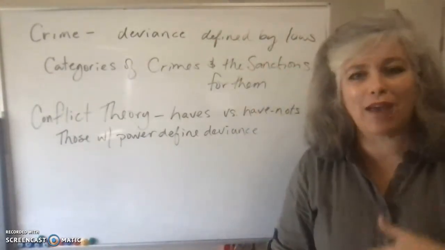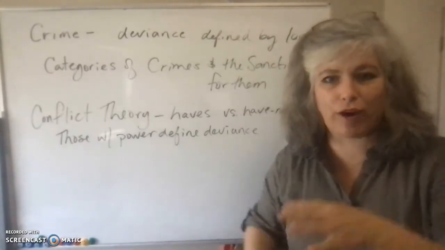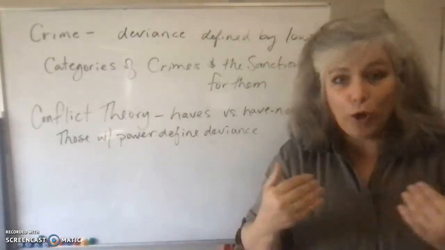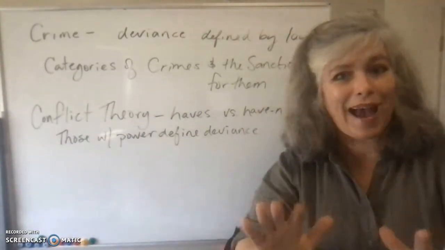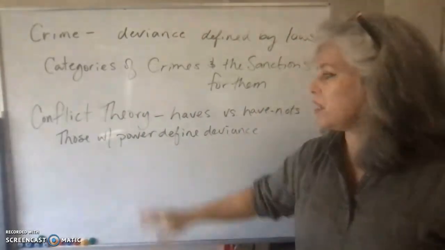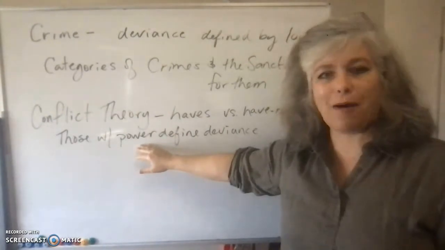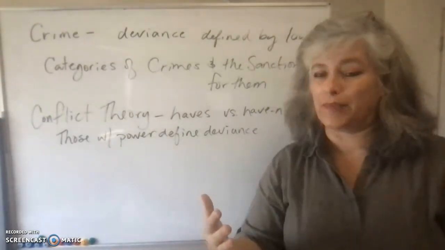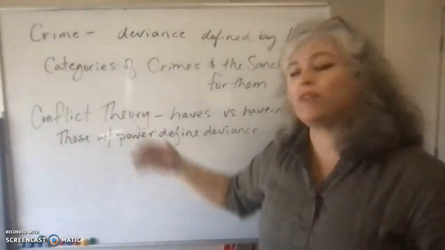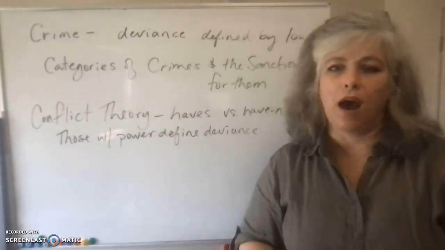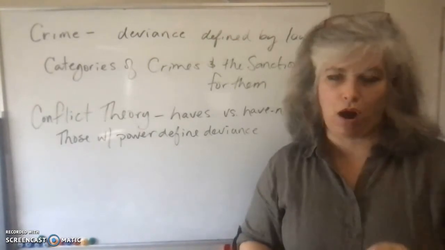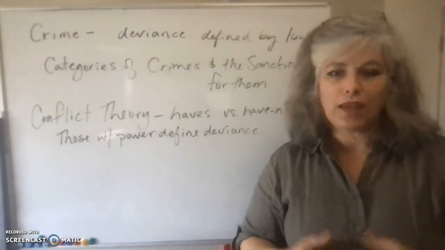So if there is behavior that you yourself, your friends, your associates would prefer to make your own choice and engage in, too bad, it's illegal based on somebody else's ideas of morality. That's the argument that conflict theorists have over public order crimes and, in particular, victimless crimes in society.